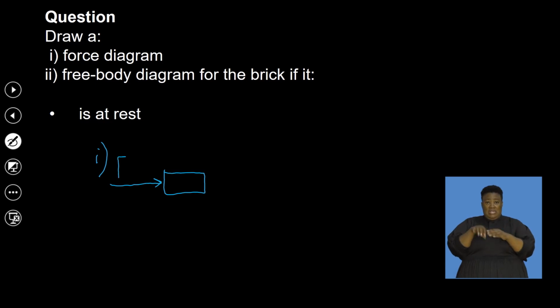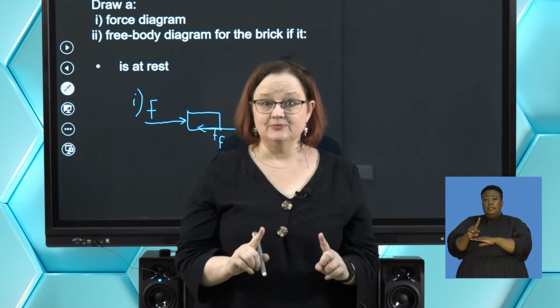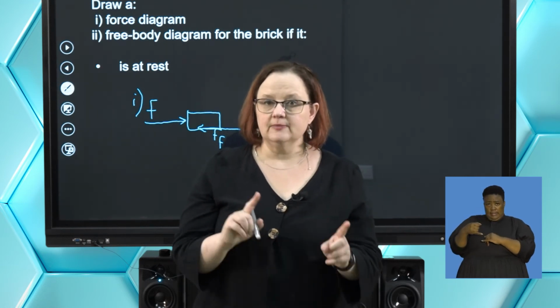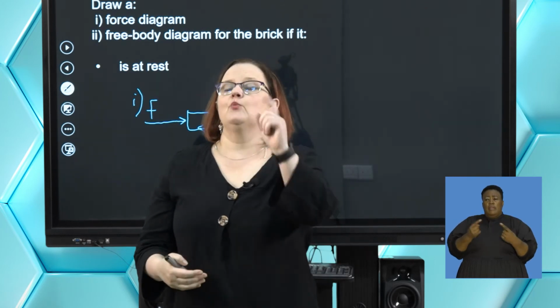So that's the applied force. At the same time, friction can't be ignored, so friction is going to act in this direction. What's important here? What am I looking for? Those two lines must be the same size because the brick is at rest, which means they're balancing each other out. But we're not finished.